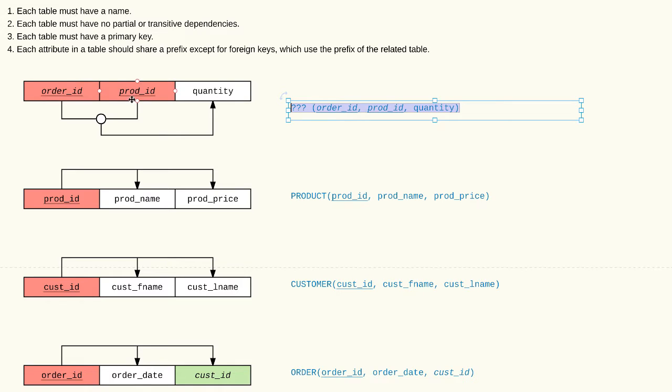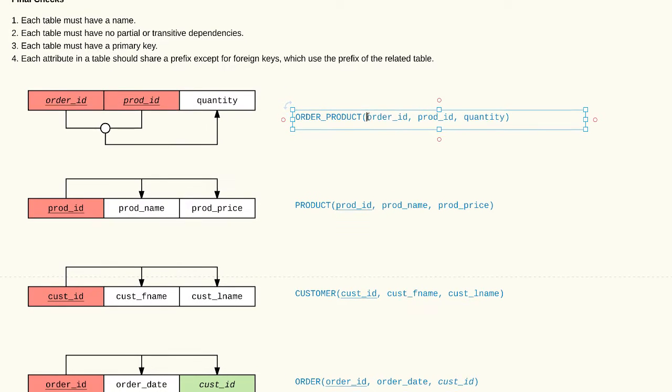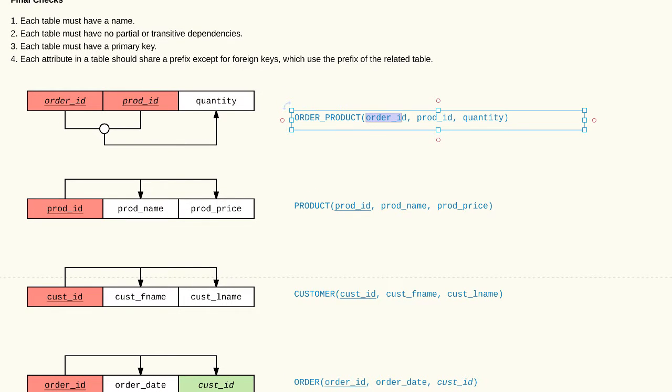So knowing that, I will call it, if you look at the primary key, one of the fields is called order, the second one is prod. So I'm going to call it order underscore product. And the fields order ID, prod ID, and quantity. Now, the first field is both a primary key and a foreign key.